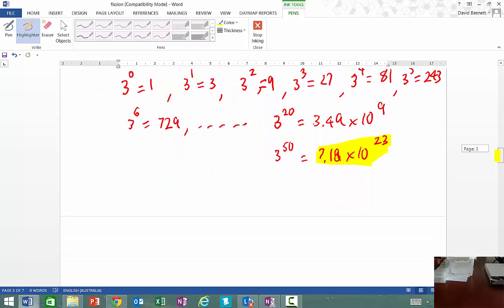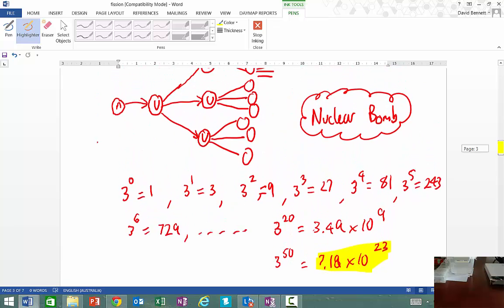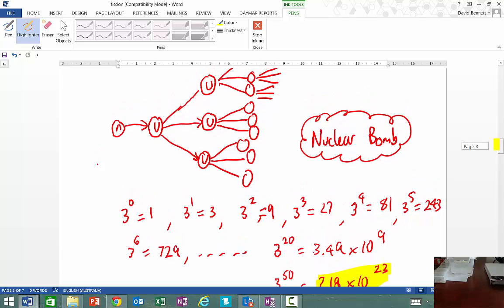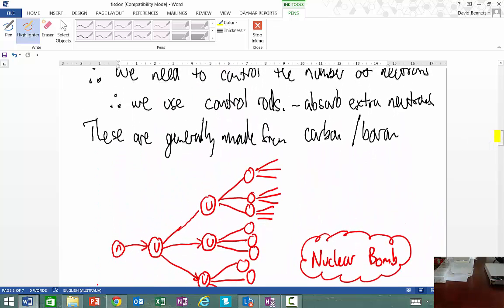We want a controlled chain reaction in our nuclear reactor. Alright, so we will look at the nuclear reactor and the parts of it, so you can identify how that actually works. Obviously there are different types of nuclear reactors nowadays, but you need to understand the old style one. Okay, so that's pretty well the fission reaction process.